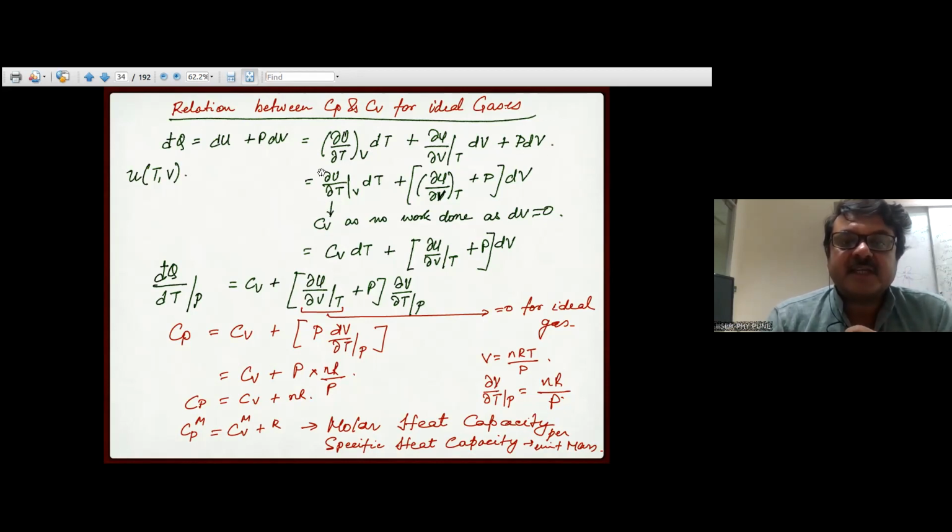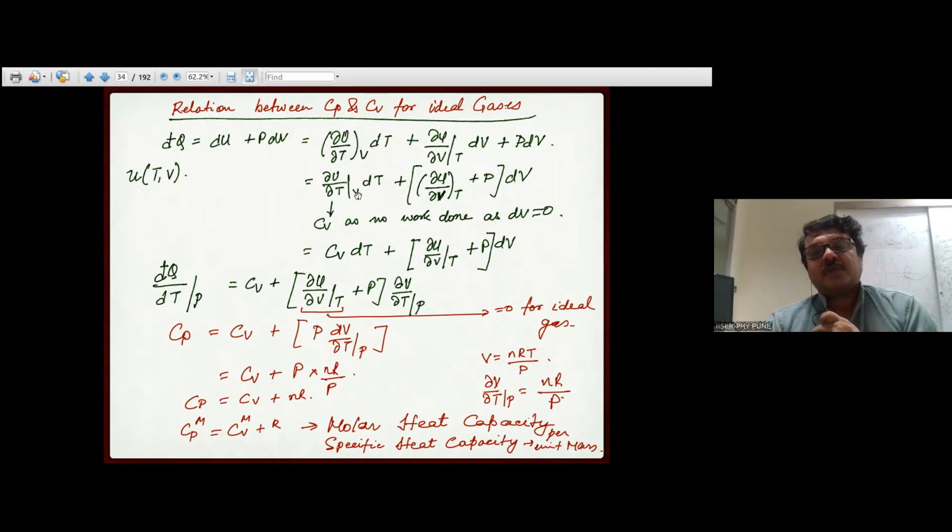But you know that ∂U/∂T at constant volume is Cv, right? That's the amount of heat absorbed if you didn't allow volume to change, which will go directly to change in internal energy.